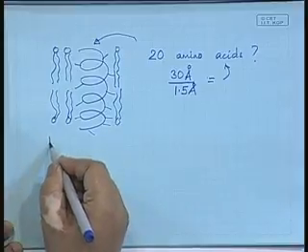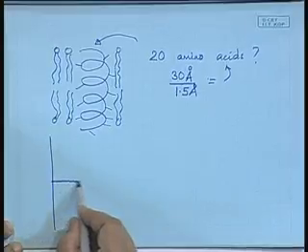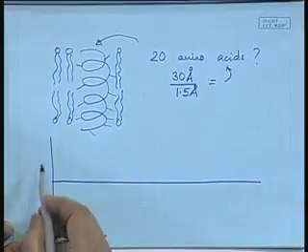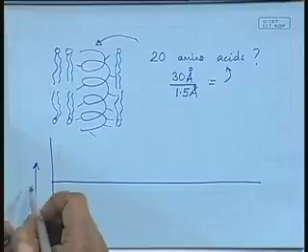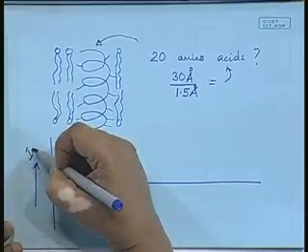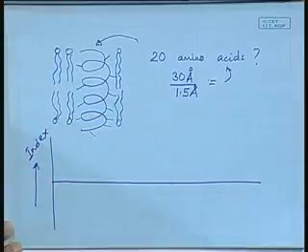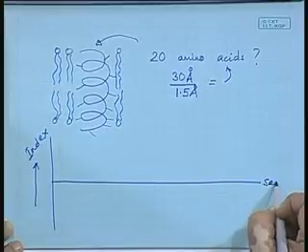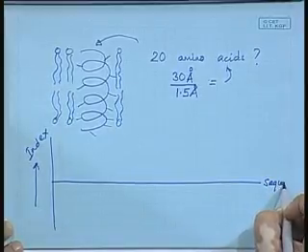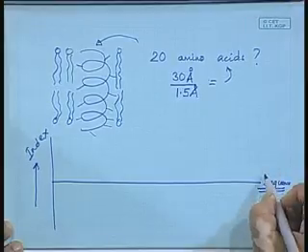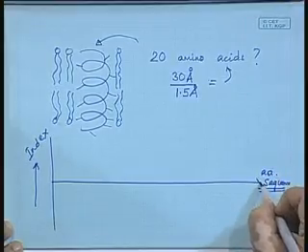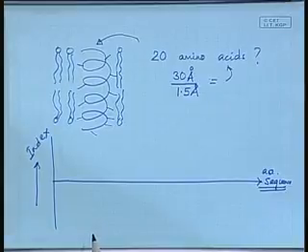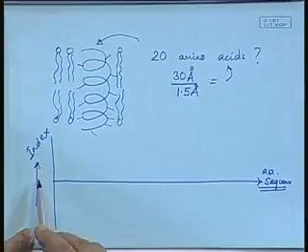Okay. Now, for the hydropathy plot, here on the y axis we are going to have an index, and on the x axis is going to be the sequence of the protein. So, we have the amino acid sequence on the x axis and we have the index.